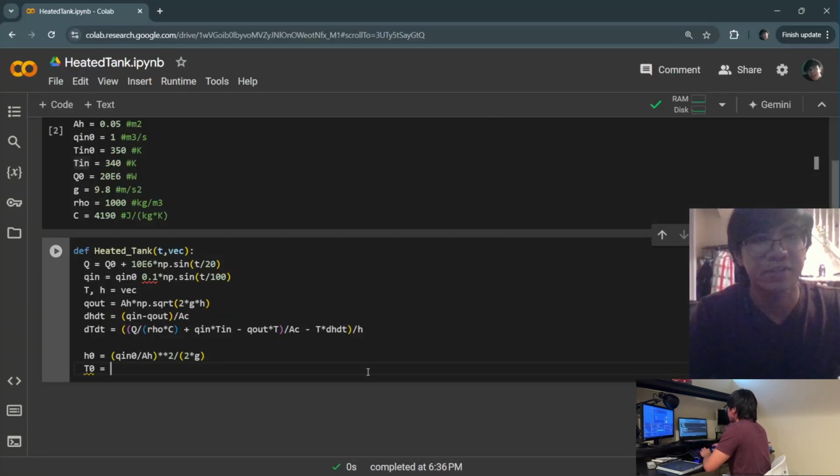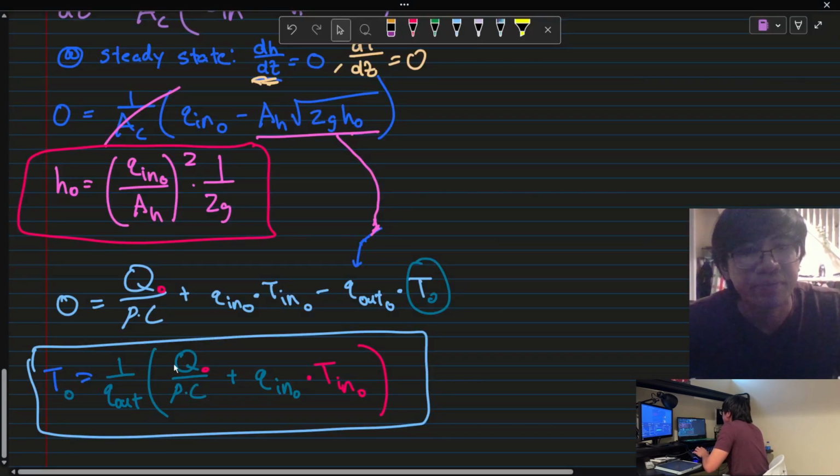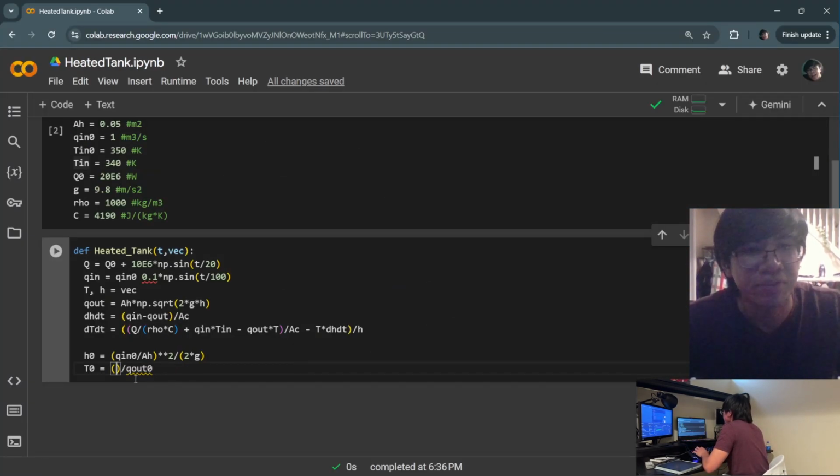So we had a T in initial. We're defining our T out initial, but not really. That was 1 over our volumetric flow rate out initial. Let me make sure nothing changed. It was just that value. So when we have our initial values, we need to make sure all our terms are defined as initial. So Q out here.